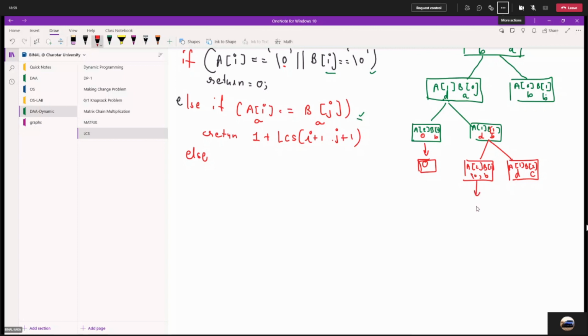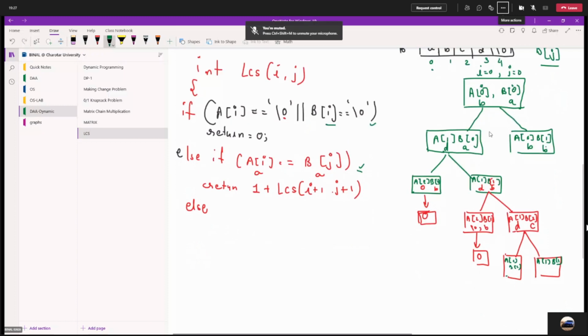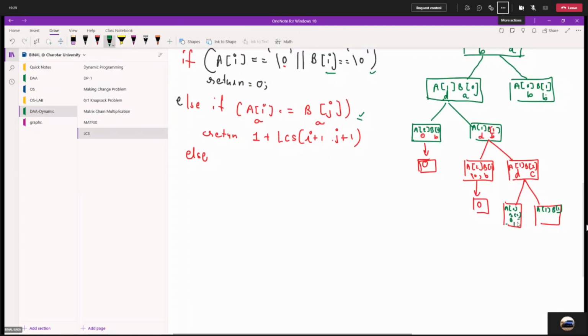So again here the value is 0, okay, so these are matching D and C, no, again we'll divide in two parts, so यहाँ पे A of 2 and B of 2, A of 2 comma B of 2, और यहाँ पे होगा A of 1 and B of 3, right? ओके, A of 2 B of 2, चलो चेक करो, A of 2 0 है और B of 2 है C, 0 and C, तो ऑब्वियसली यहाँ पे 0 आ जाएगा.